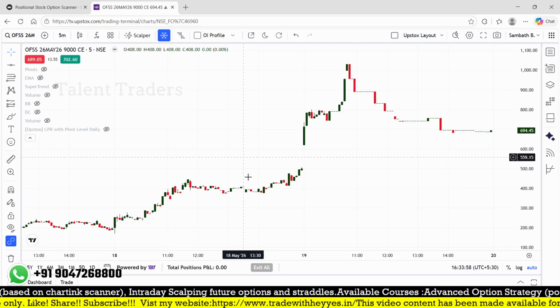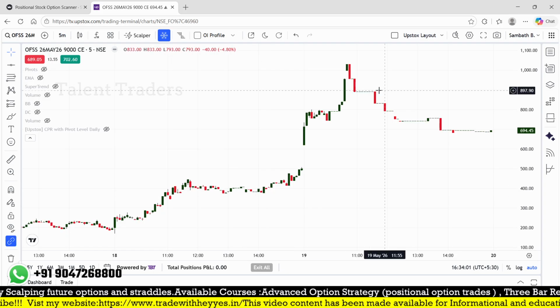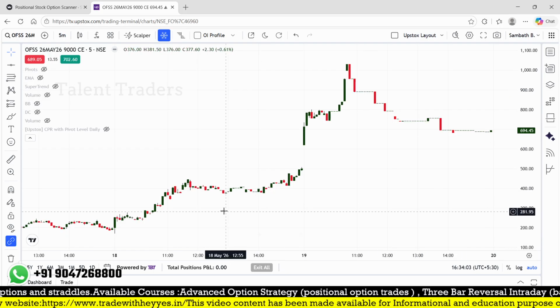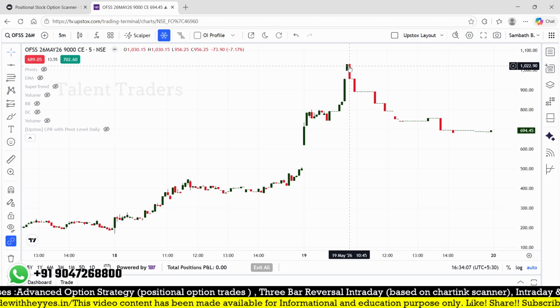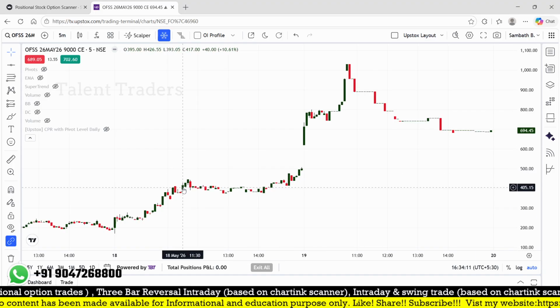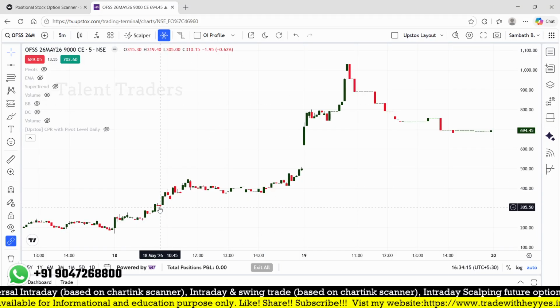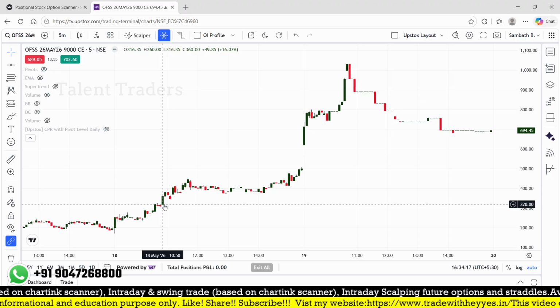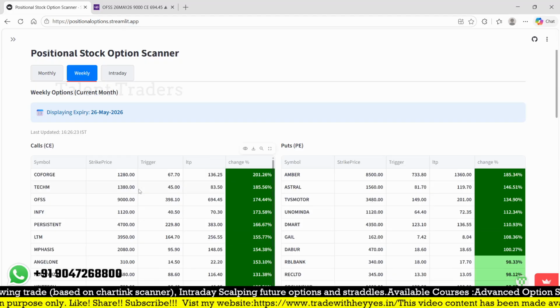The 398 has some good liquidity, even on the 5-minute chart, though here there is no liquidity. While tracking, it is good liquid, but deep in the money there may be a liquidity issue. So 398 is also a valid trade that happened on 18th May around 10:30. After that it went to 1000, so more than double.